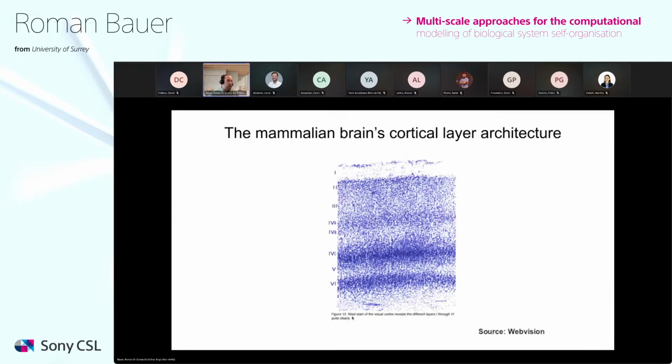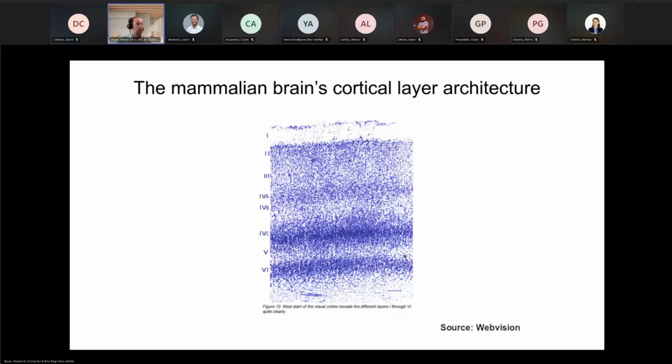So this all sounds quite abstract. So I want to give you an example of a biological system that we have investigated in this manner. One example that we have looked at is the so-called layer architecture of the mammalian brain, especially the layers of the cortex.